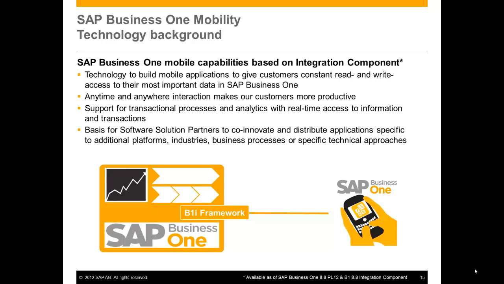The integration component also provides the basis for our software solution partners to co-innovate and distribute applications specific to additional platforms, industries, business processes, or specific technical approaches that they might have.